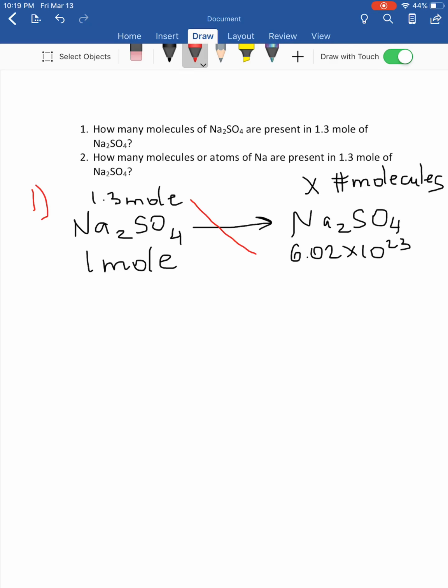So 1.3 times 6.02 times 10 to the 23 divided by 1 will give you x. So we're basically solving for x.